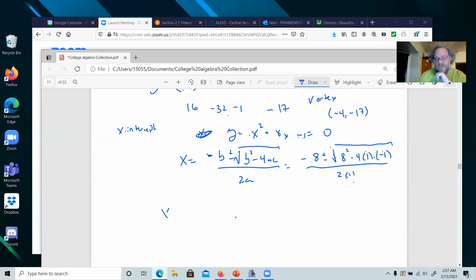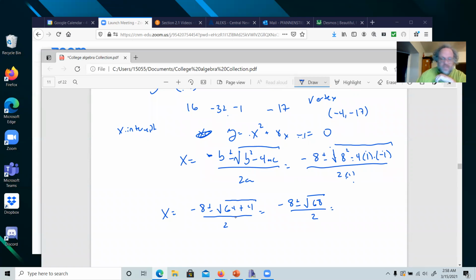Okay, so we have x is equal to negative 8 plus or minus the square root of 8 squared, which is 64. We have a negative and a negative, so that is a plus 4, divided by 2 times 1. So this is negative 8 plus or minus the square root of 68, all over 2. Okay, I'm sure that is a delightful looking number.